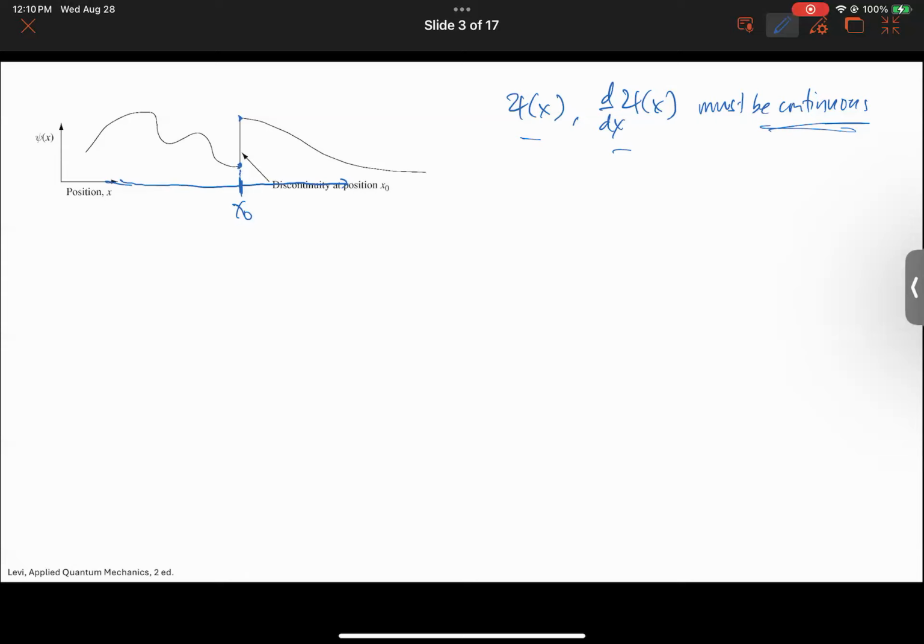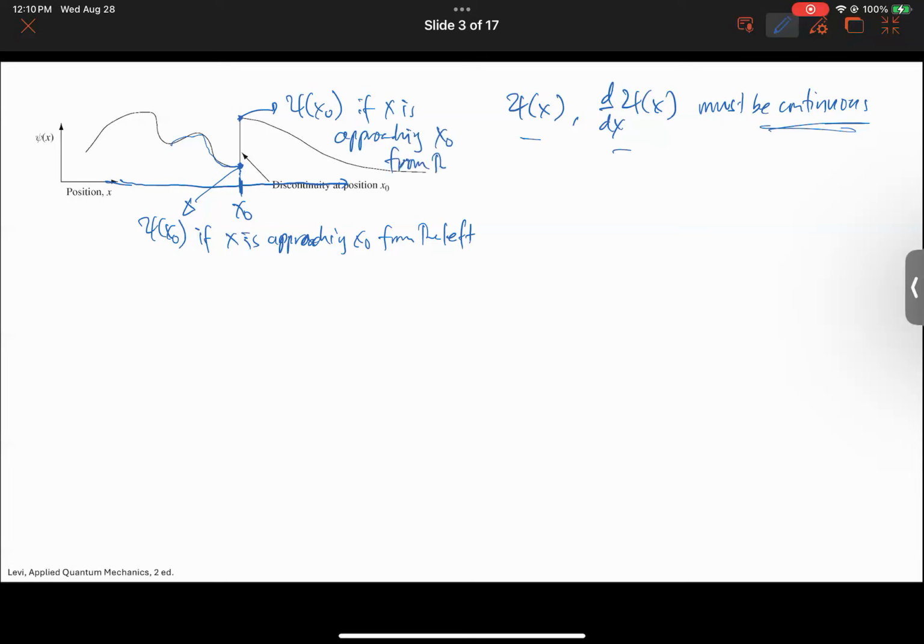So when you approach psi of x from the left, ito yung magiging value nung psi of x naught. Yung point na yan, yung value ng psi of x naught if x is approaching x naught from the left, and ito naman yung magiging value ng psi of x naught if x is approaching x naught from the right.